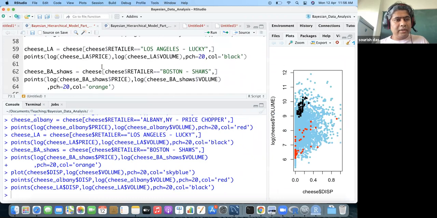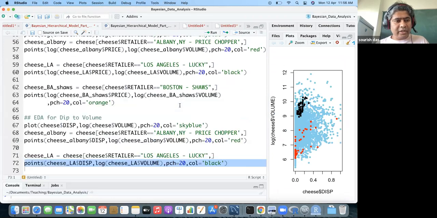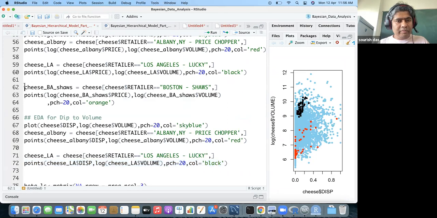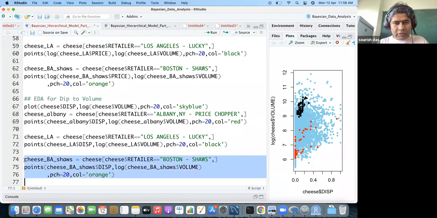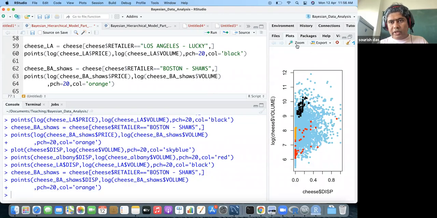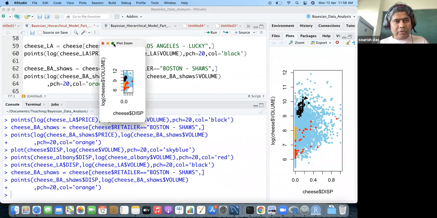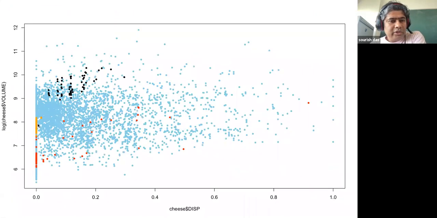And then finally, we want BA Shaw's, where all the trouble started actually. I will just put it into the display. See, actually there is no display activity, all zeros.